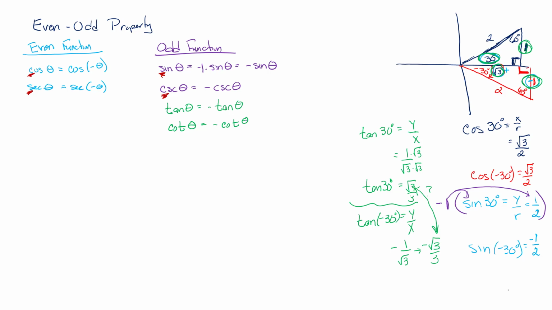These are just nice little properties to remember for ourselves, because if they give me, say, the cosine of 45 degrees is 1, and they ask, what is the cosine of negative 45 degrees? Well, you're like, wait a minute. If cosine is an even function, then the cosine of theta is equal to the cosine of negative theta, which means I automatically know this is also a 1. Good? Make sense?